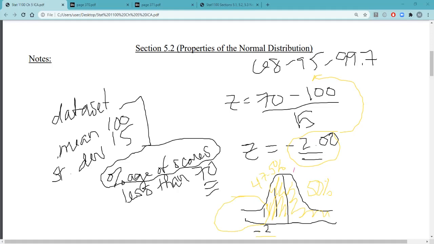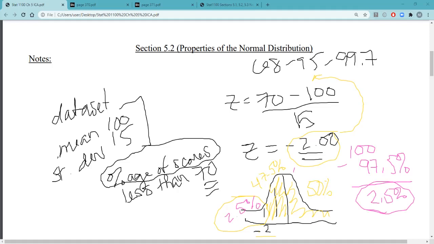If I add those two up, I'm going to have 97.5, and I take that away from 100 to see what is remaining. So we have a remainder of 2.5%. Let's remember that that z-score is -2.